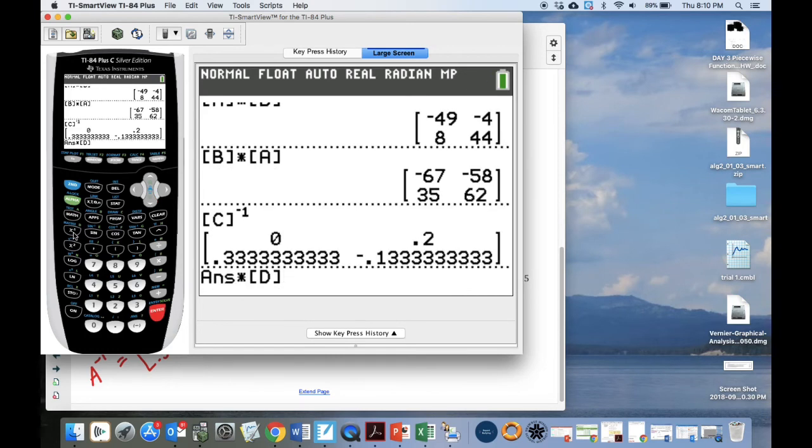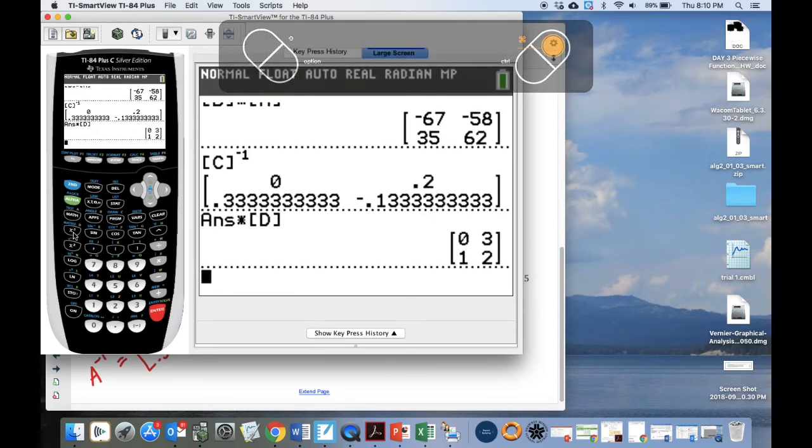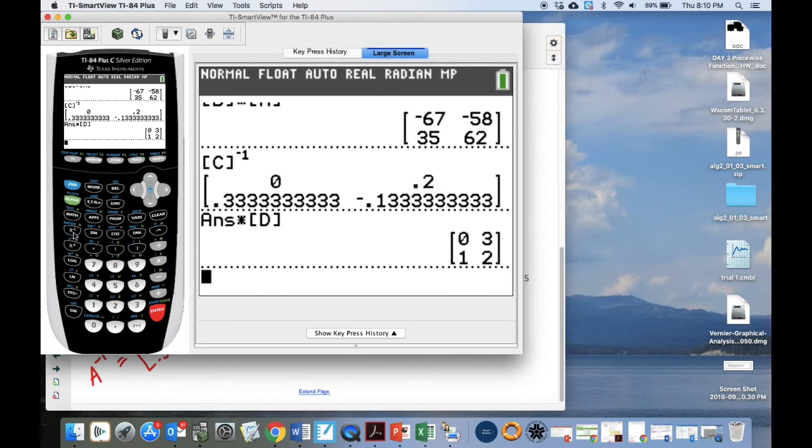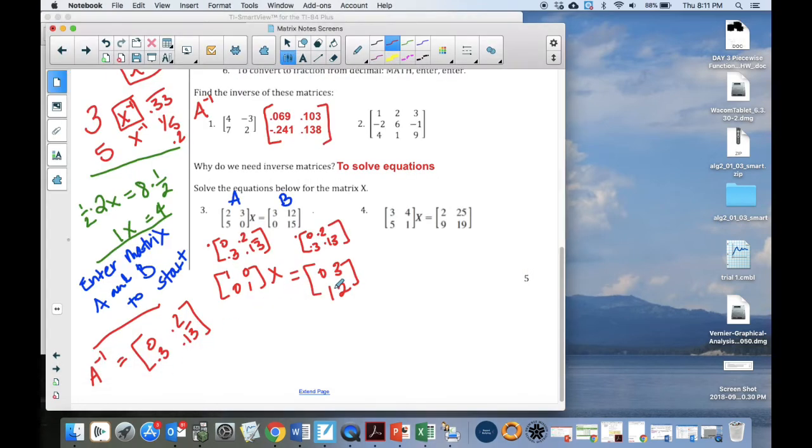So you have the answer from before times B. Mine says D because I entered a different place, and if I hit enter, then now I have my answer matrix. That is the answer of question number 3. Question number 3 was asking basically what does x equal? Well, x is a matrix, and that matrix is equal to 0, 3, 1, 2.